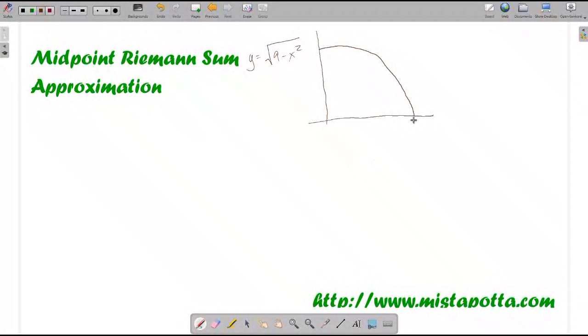So if this is my intervals 3, 2, and 1, I see that my midpoint is 0.5, and the height of this is going to be determined by 9 minus 0.5 squared, being 8.75. So my area here would be 8.75.